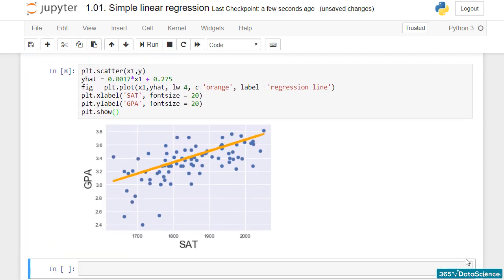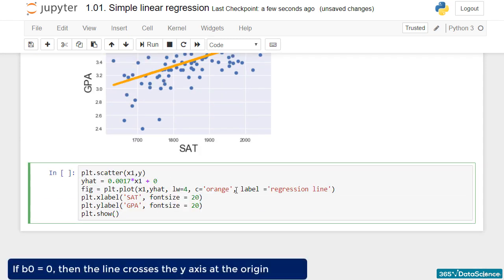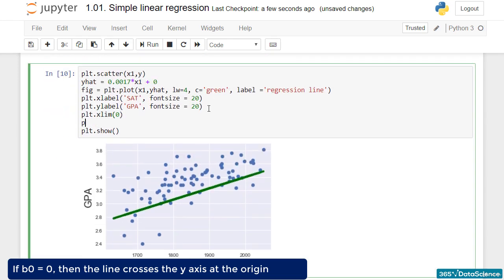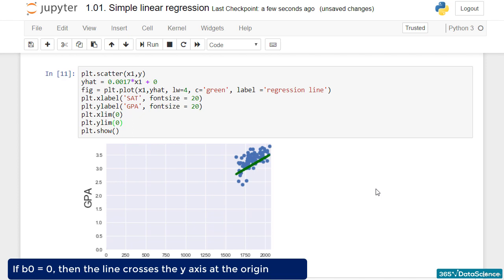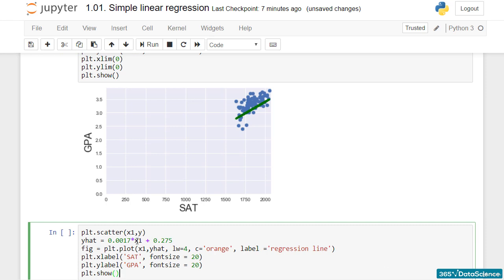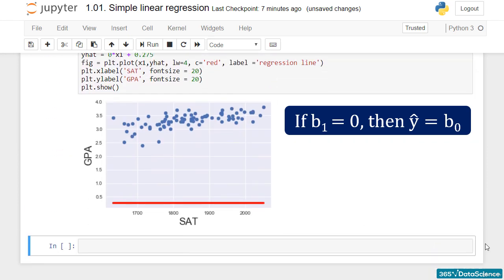If a coefficient is 0 for the intercept, B0 that is, then the line crosses the y-axis at the origin. If beta 1 is 0, then 0 times x will always be 0 for any x, so this variable will not be considered for the model.